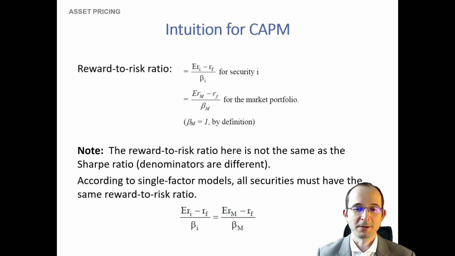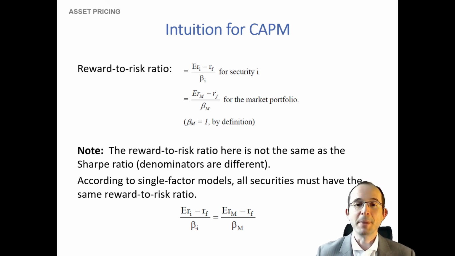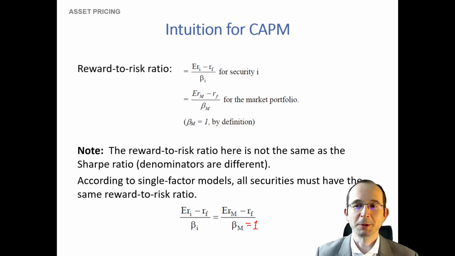And with that, of course, if we take this equation and simply rewrite it, we can make a simple simplification here. Remember, what is the beta of the market portfolio? Well, the beta of the market portfolio is 1. So instead of beta m, we can simply write 1.